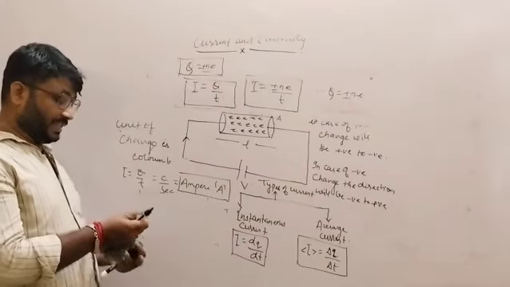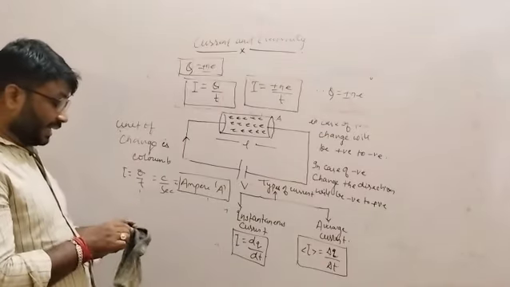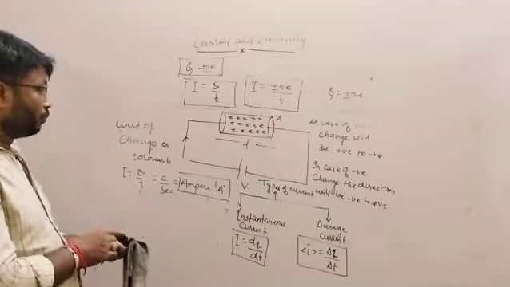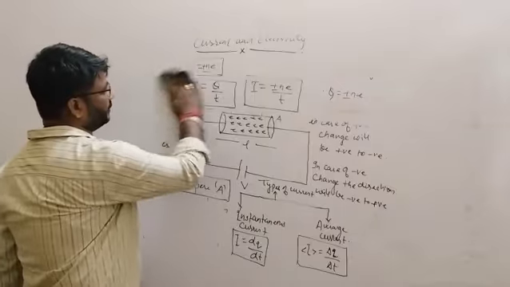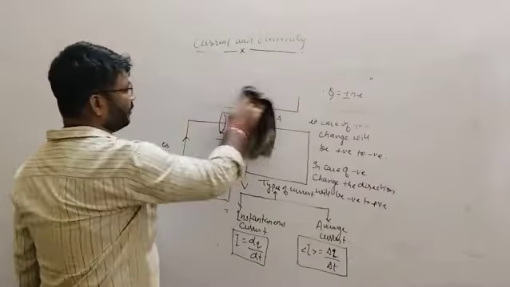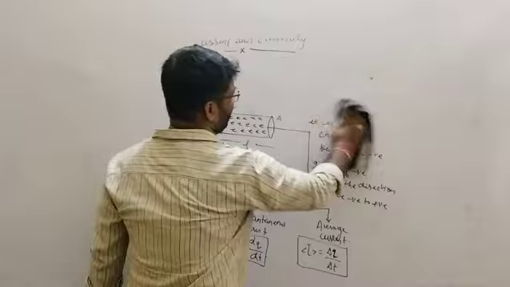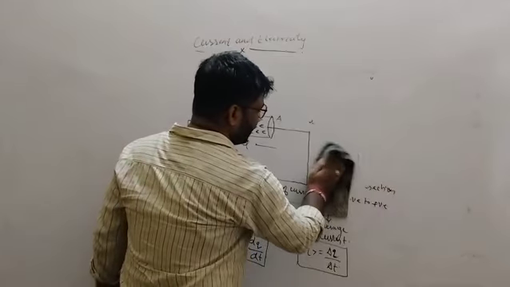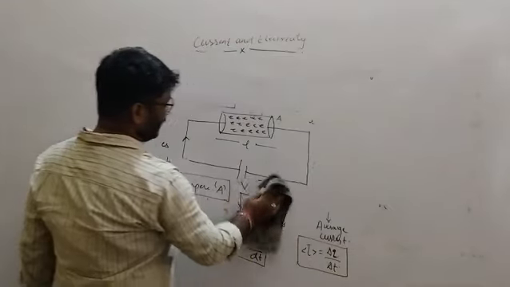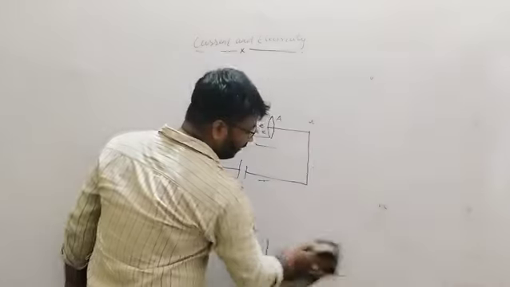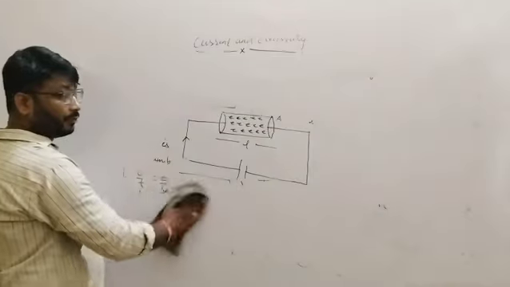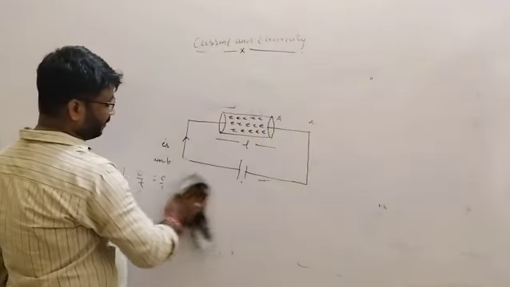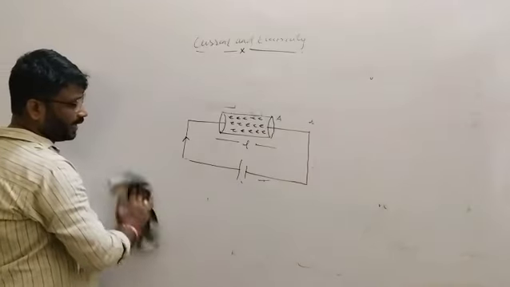Now we will see the relation between drift velocity and current. So we will see what is drift velocity. This velocity is defined as the average velocity of electrons inside the conductor when the conductor is subjected to an external source of energy.